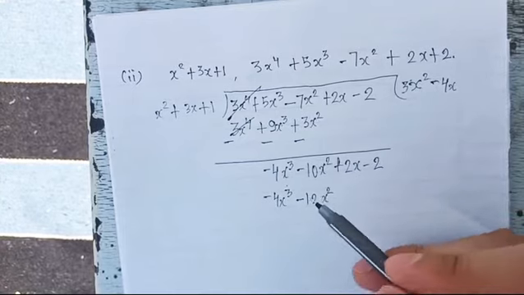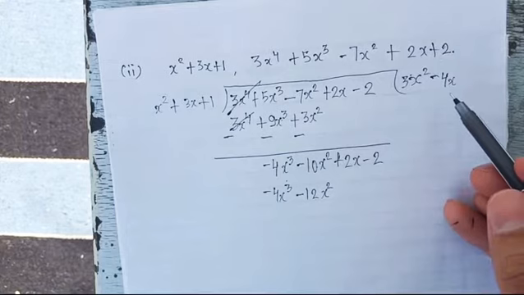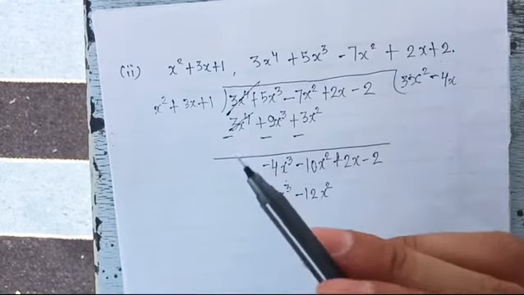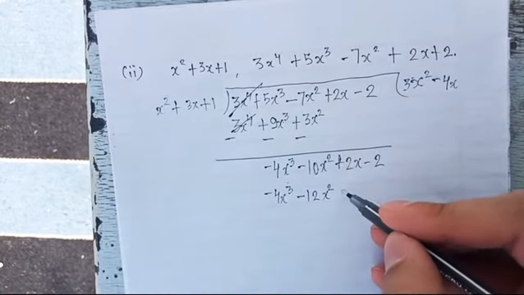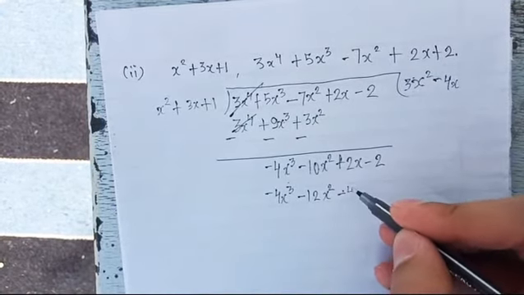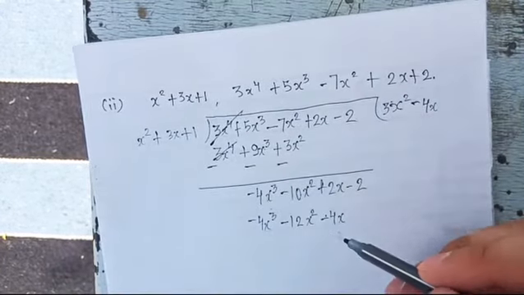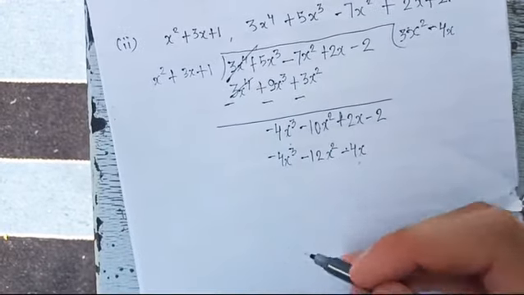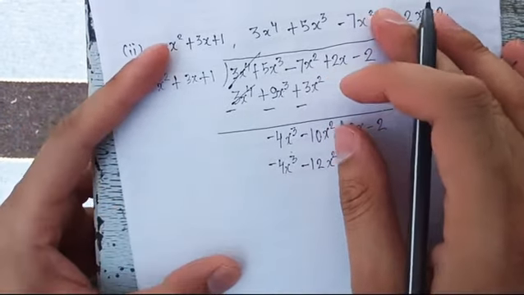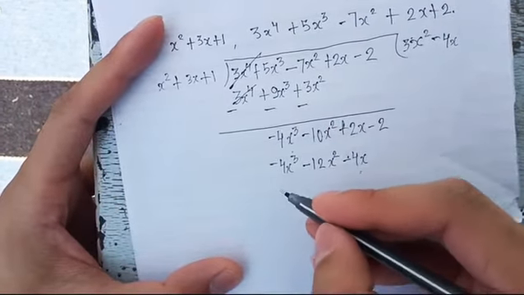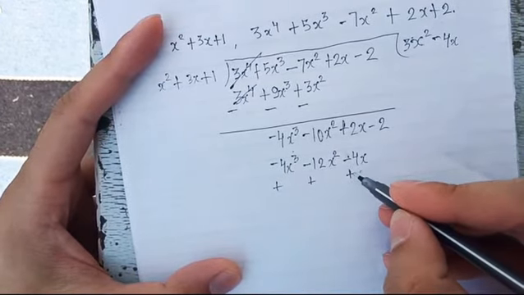Minus 12x square, and minus 4x will multiply with plus 1, and you will get minus 4x. Again changing the sign convention, so it will become plus here, and here also plus.